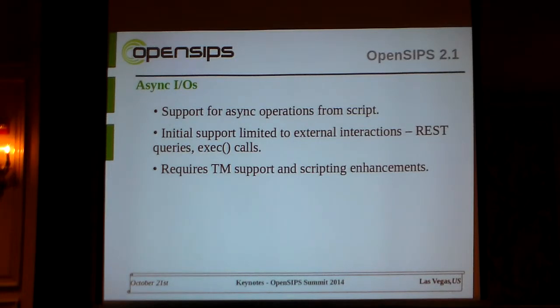So you want to free the resources, allowing OpenSIPS to do something else while waiting. That's what will be available in 2.1, and slowly it will become more and more generic, to be used also internally. But first would be to allow asynchronous operation at the script level.